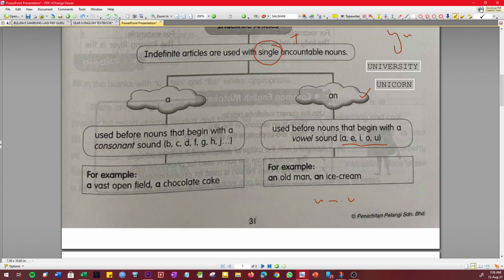Right? So for me, the most important thing is you need to remember the vowel. A, E, I, O, U. For consonants, there are too many letters. Remember vowels. It is easier. A, E, I, O, U.